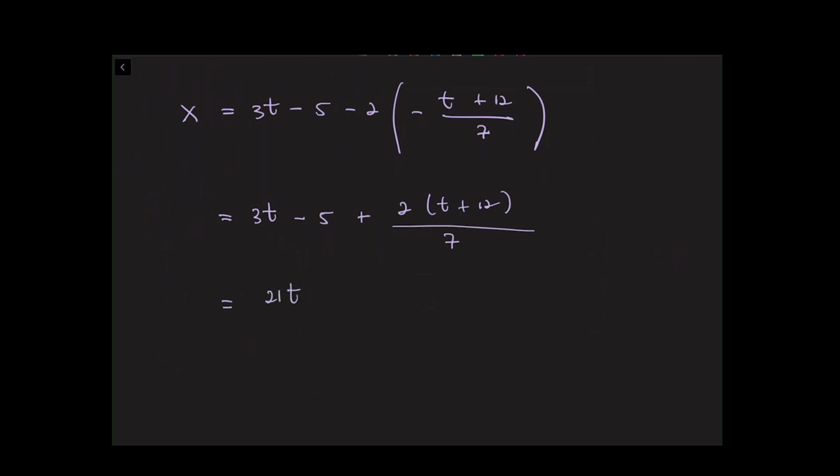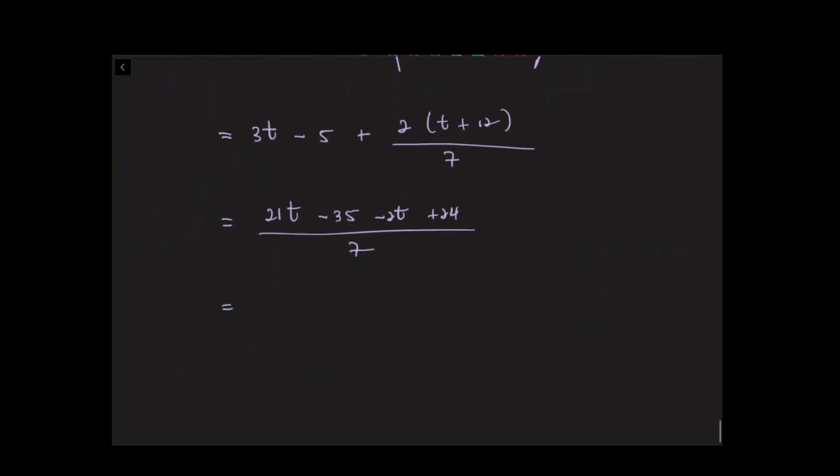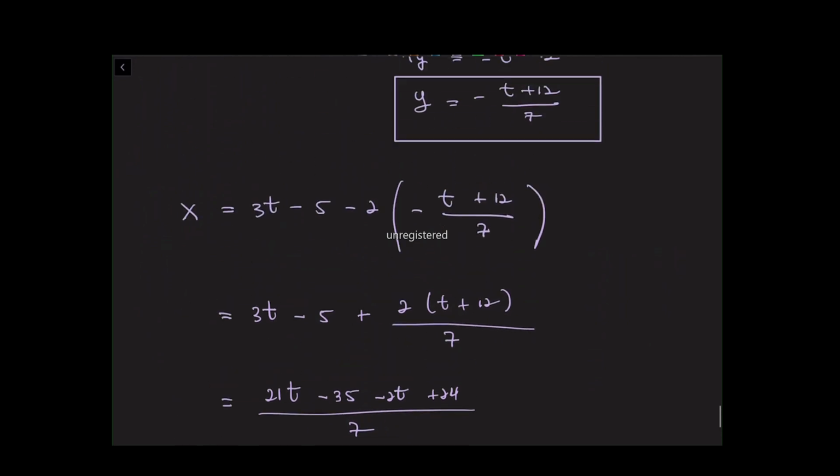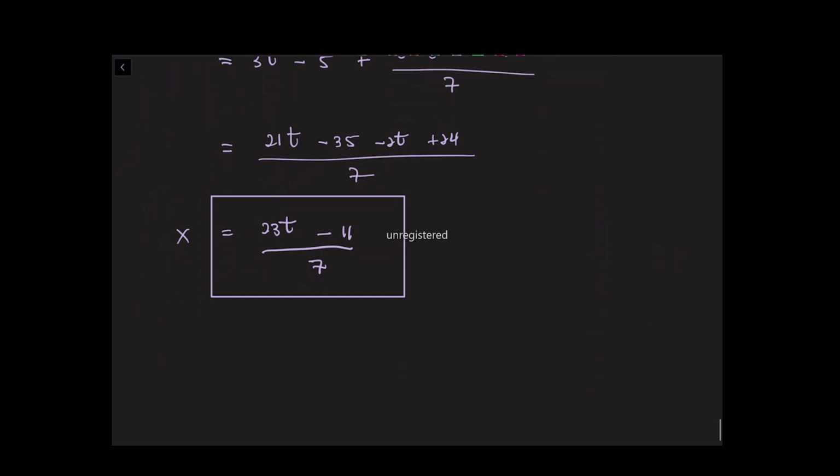You'll get 21t minus 35 minus 2t plus 24 all over 7. Let's simplify now. I'll get 21 and 2, that's 23, t minus 11 all over 7, and this now is x. So we have x equal to this, y equal to this, and z is just equal to t.